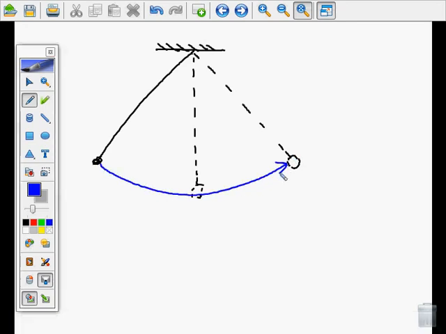As it swings down and then swings back, that path is part of a circle. So circular motion formulas apply.